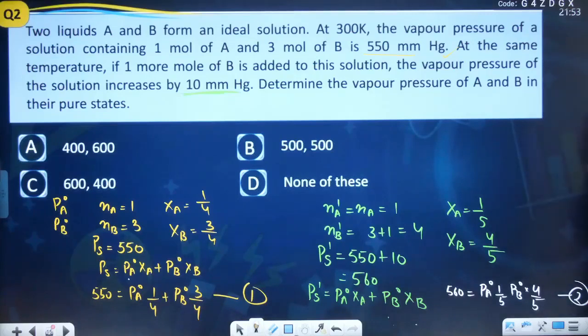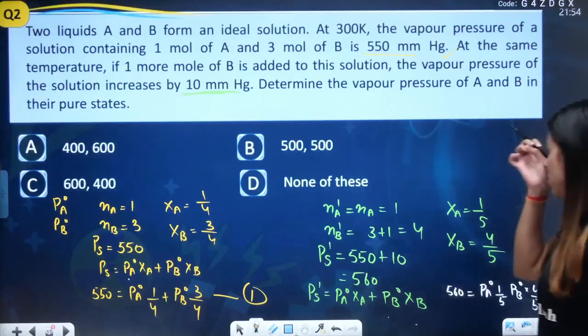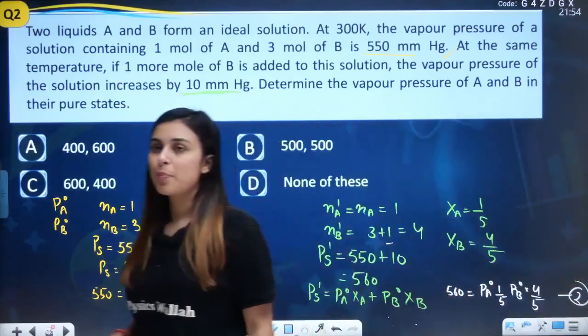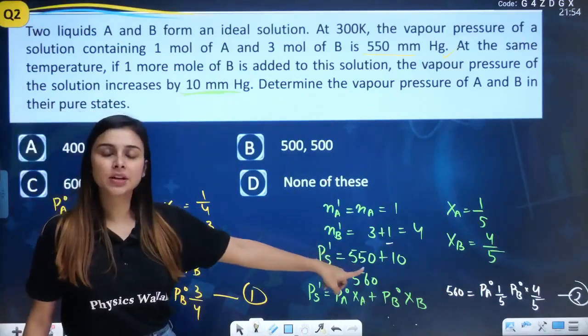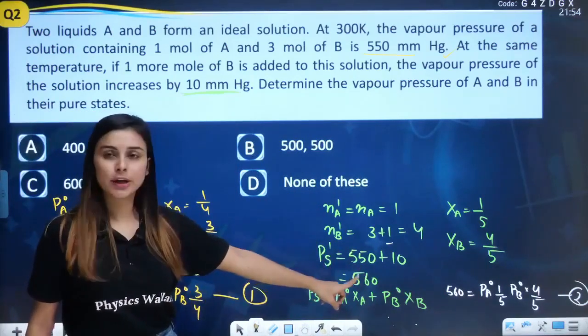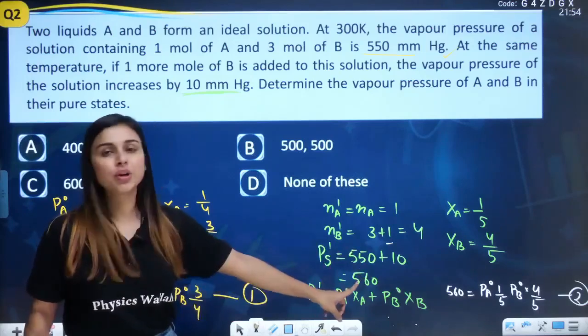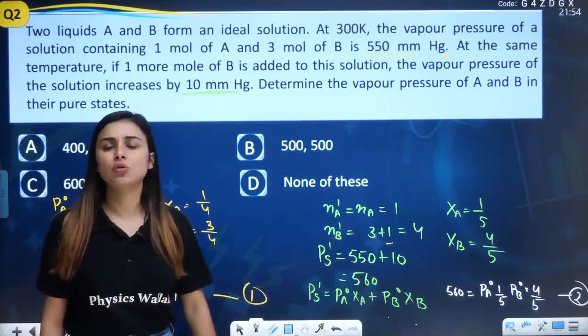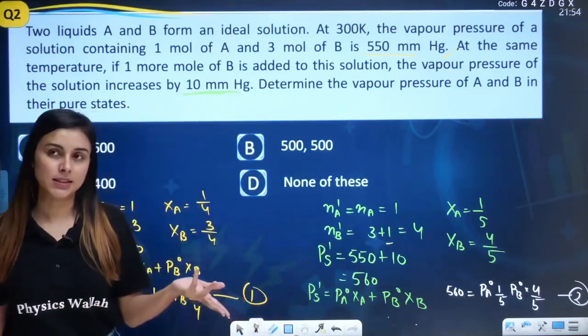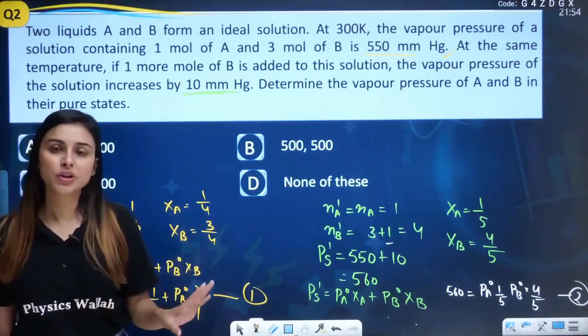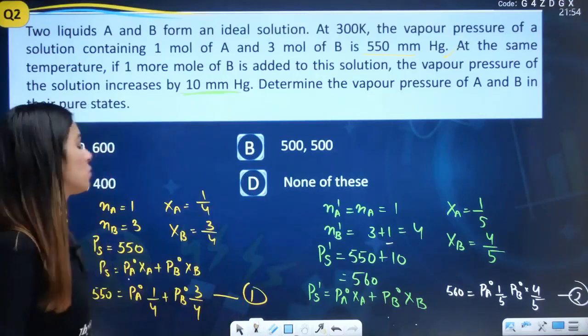Then it gave you a condition that to the existing solution you added 1 mole of B. So you calculated the mole fractions again. The solution's vapor pressure increased by 10, so you calculated the new pressure of the solution. You wrote it into the expression and calculated. So you got two equations, two variables, solve them and you will get your answer. Super easy. Perfect. No issues till now. Let's move forward, my dear students.